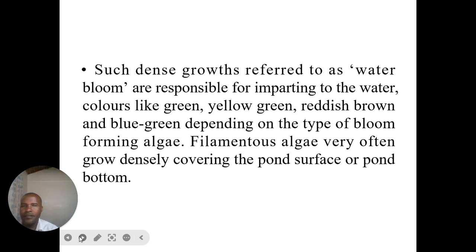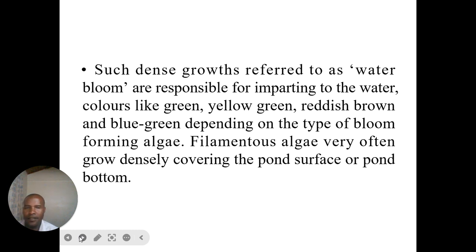Such dense growths, referred to as water bloom, are responsible for imparting water colors like green, yellow, red, brown, and blue green, depending on the type of bloom forming algae.